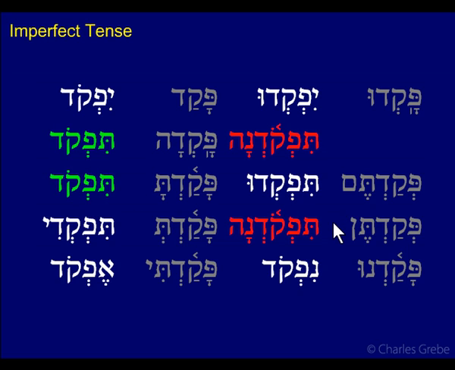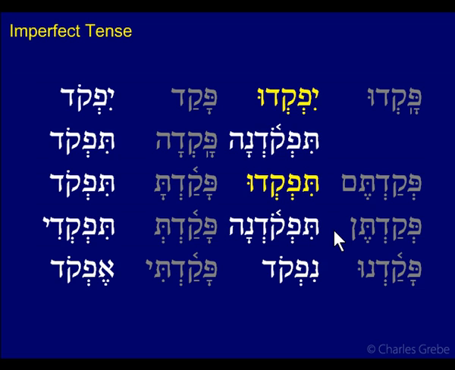Here they're both feminine. Tifkodna, tifkodna is either talking to a group or about a group of ladies in third person. They, the ladies that is, will visit. Or here, you, plural ladies, will visit. So you have two sets of identical pairs in this paradigm.